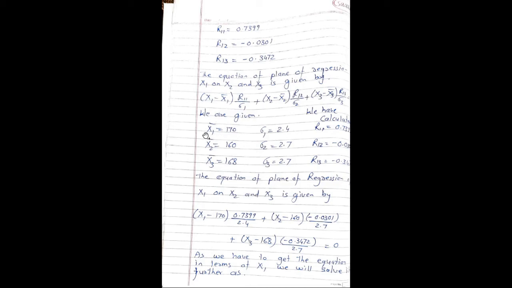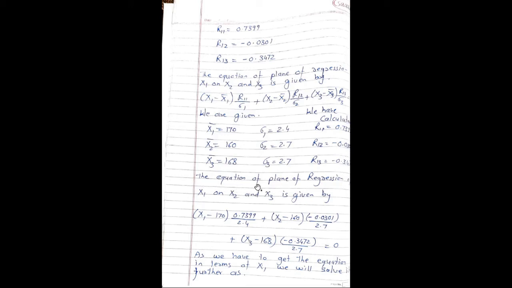We are given x1 bar is equal to 170, x2 bar is equal to 160, x3 bar is equal to 168, sigma 1 is 2.4, sigma 2 is 2.7, sigma 3 is 2.7. Now we have already calculated R11 as 0.7399, R12 as minus 0.0301 and capital R13 is equal to minus 0.3472.